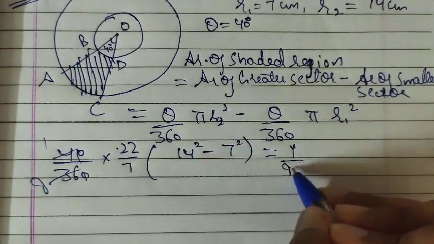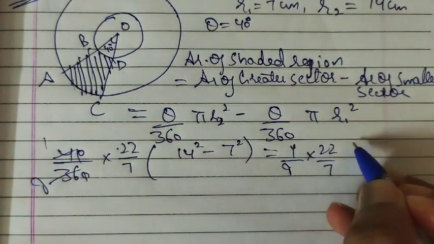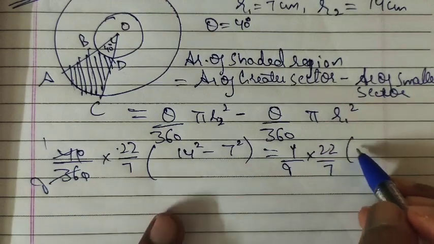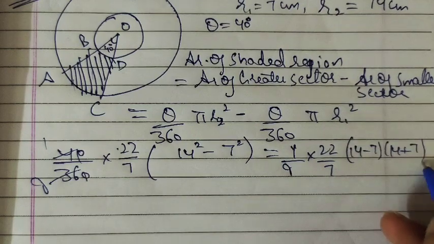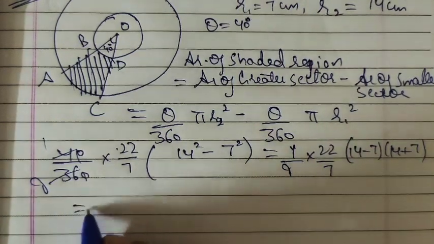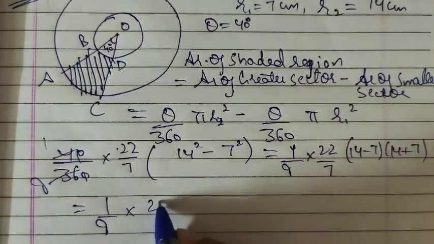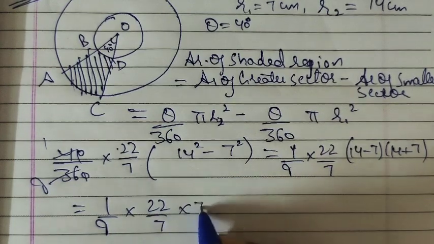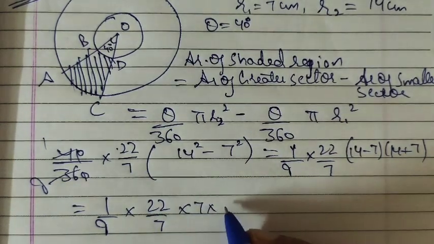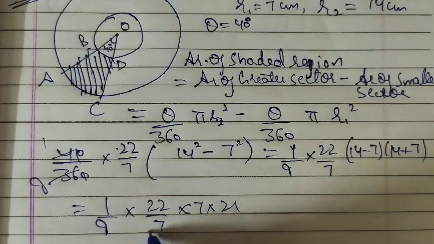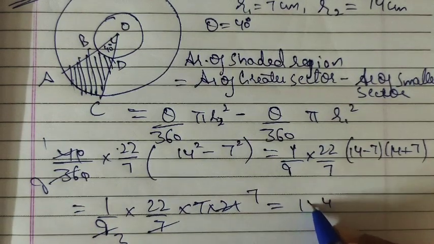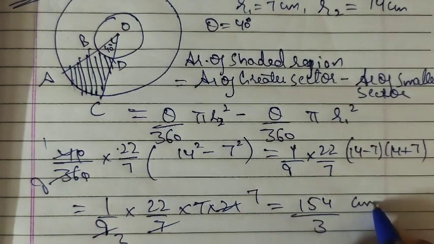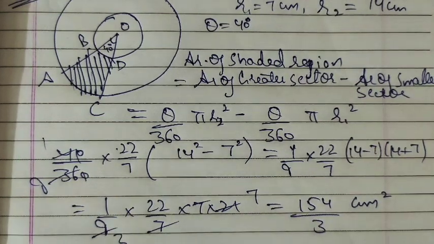So 1 by 9 multiply 22 by 7, multiply 14 minus 7, 14 plus 7, right? So this is equal to 1 by 9 multiply 22 by 7 multiply 7 multiply 21. 7 to 7 cancel, 3 times 3, 7 times 22 is 154 upon 3 centimeter square. This is the answer.